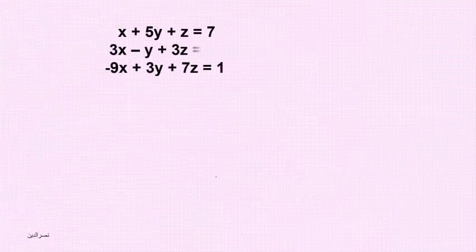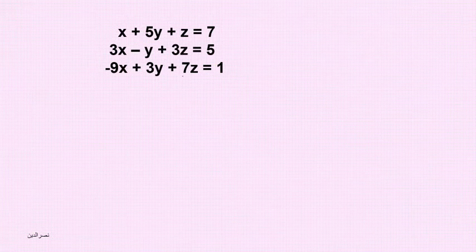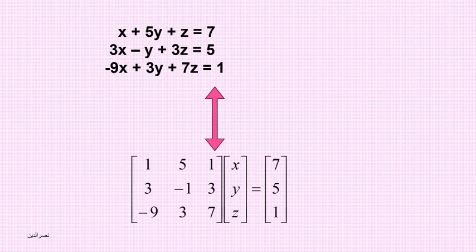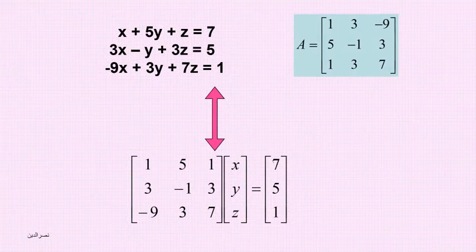Next, this is the linear equations in matrix form. Just now we already know this one is equal to the matrix of A, but with different columns and rows.